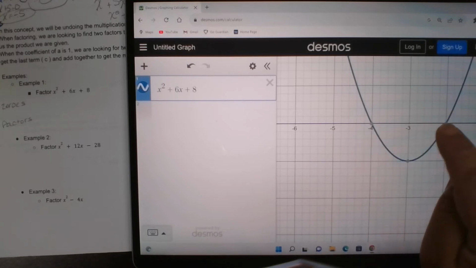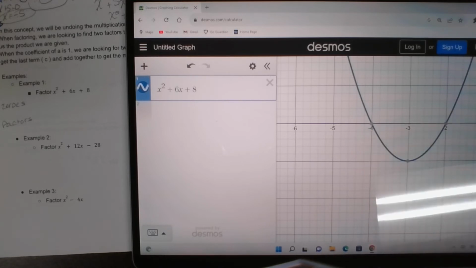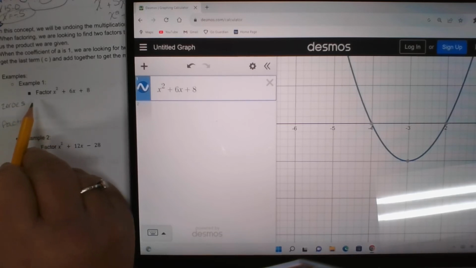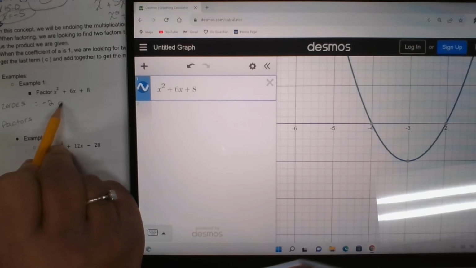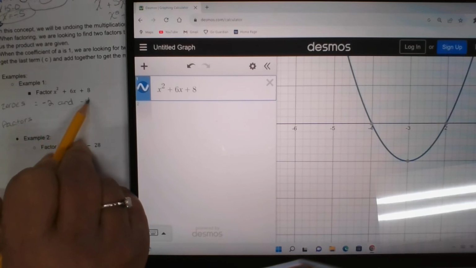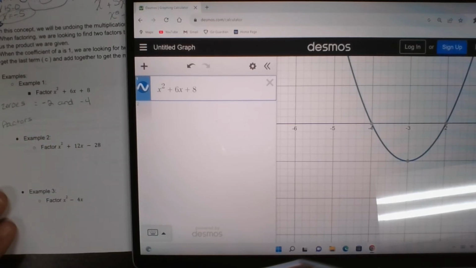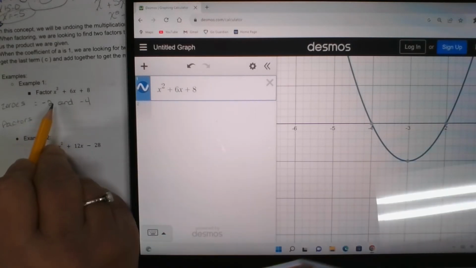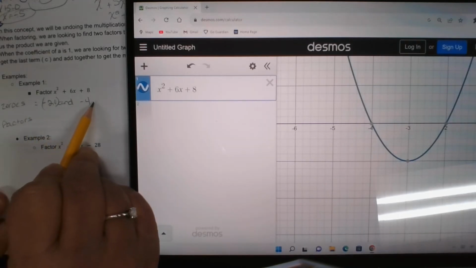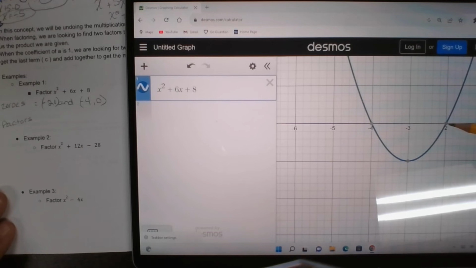This one crosses at -2 and -4. So that is its zeros at -2 and -4. Those are points. This one happens to be -2, 0 as a coordinate point, and this one's -4, 0 as a coordinate point. They're on the x-axis, but they don't go up and down.